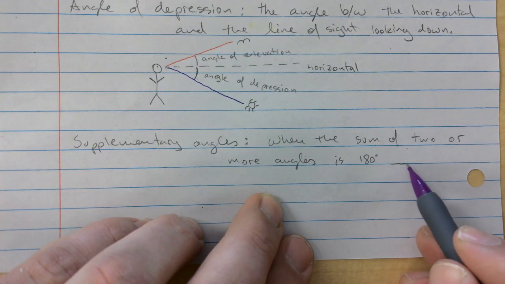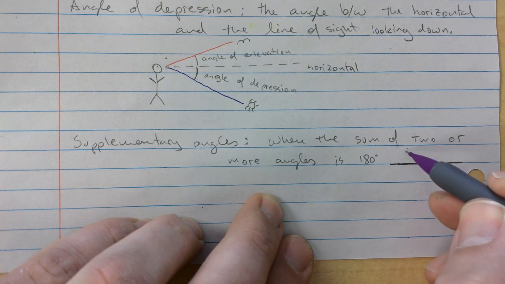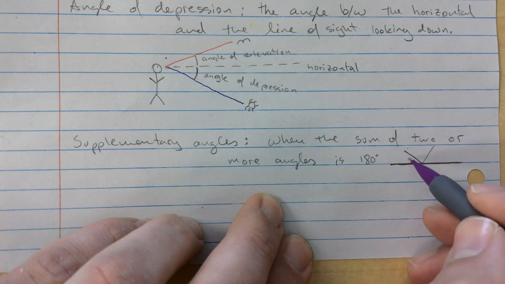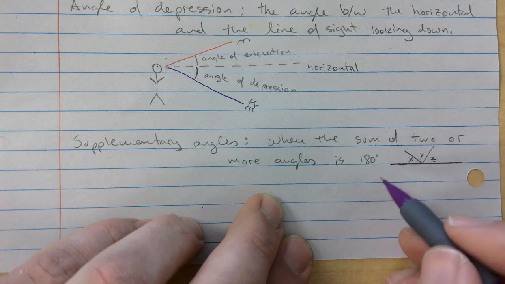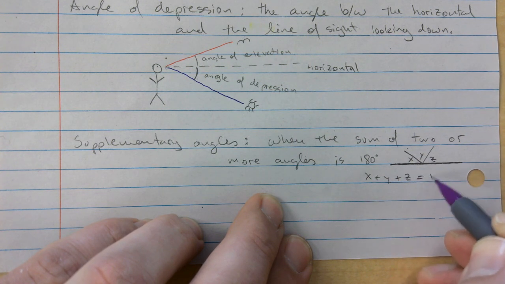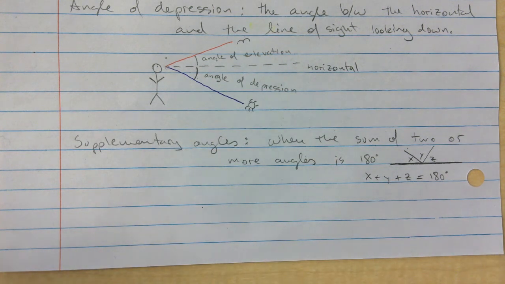Right, and so you have your straight line like here, straight angle, and you have x, y, and z. There's three angles there, so x plus y plus z would be equal to 180 degrees, and it could be more.